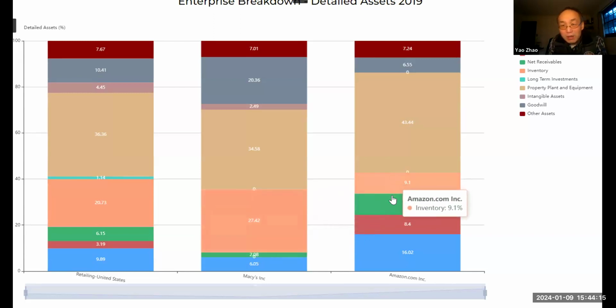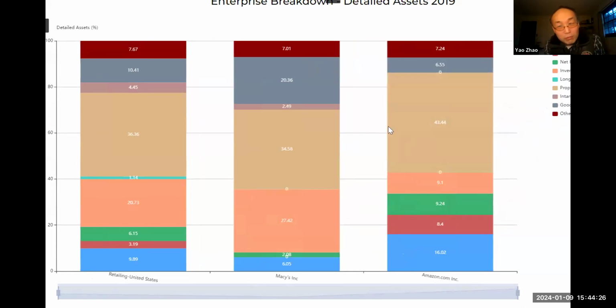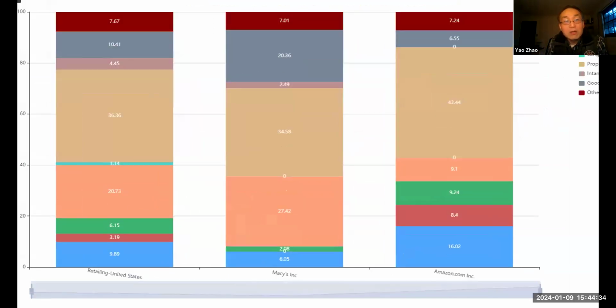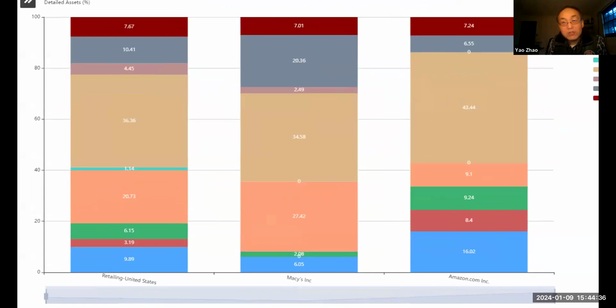And if you look at Amazon, it's about 9.1% of the total assets. So that means efficient inventory management by Amazon significantly reduced its operating cost. So this allows Amazon to offer a lower price to customers while still making the same or more profit than Macy's.